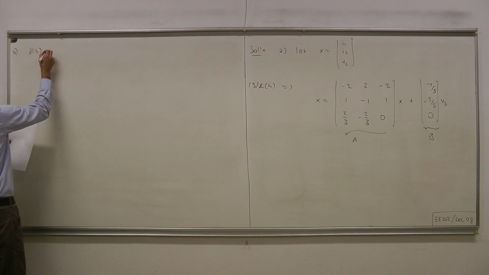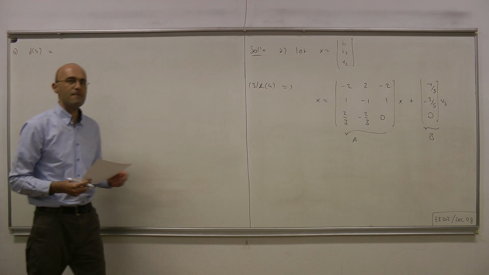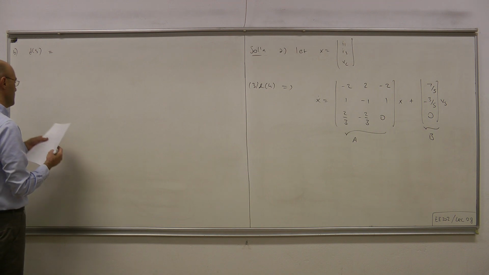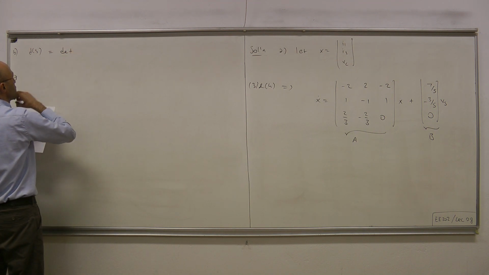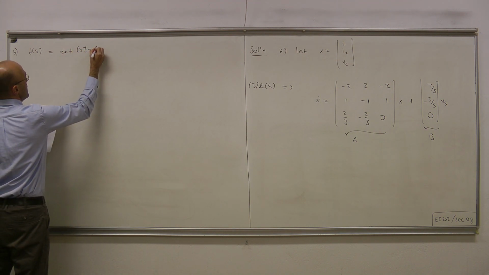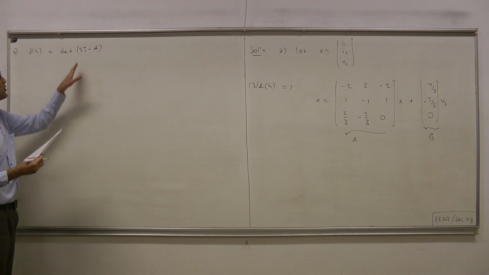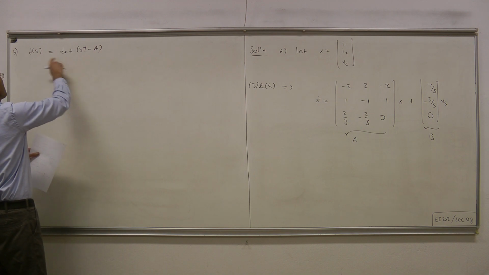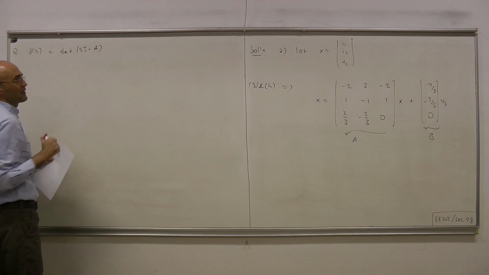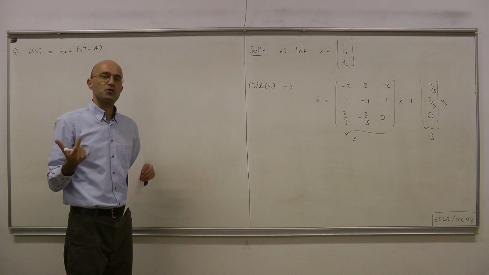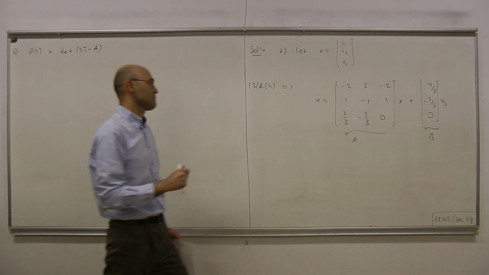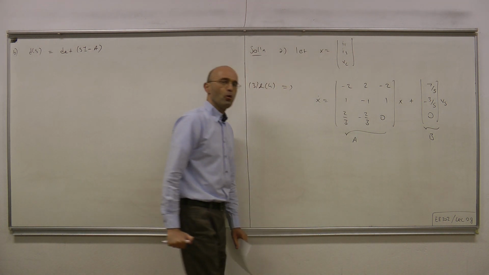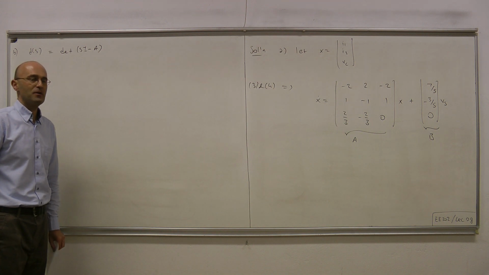The characteristic polynomial representing a circuit, if you have the state equation, is no other than the determinant of sI minus A. And the roots of that characteristic polynomial are the natural frequencies of the circuit, but they are also called the eigenvalues of the matrix A.